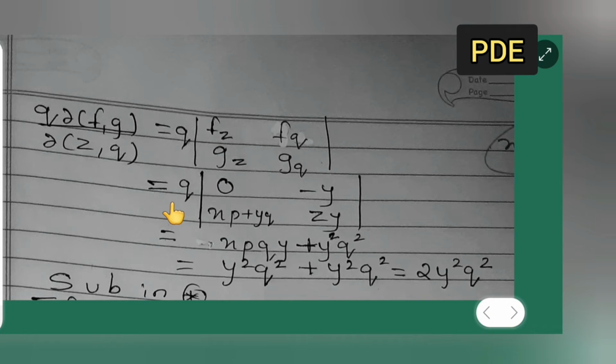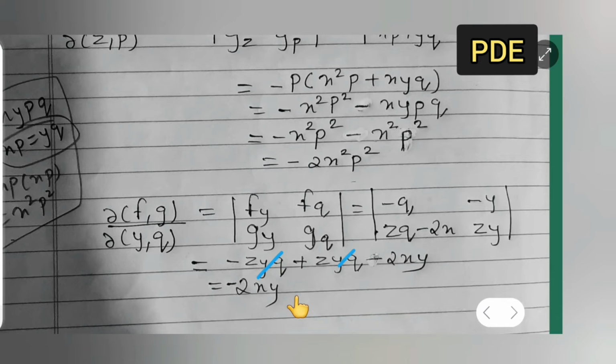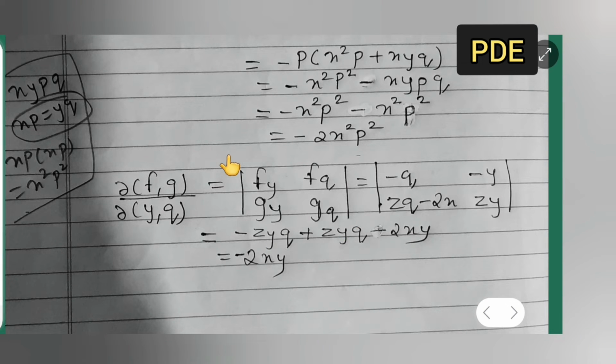Differentiate f with respect to z, you are going to get 0. Differentiate f with respect to q, you are going to get minus y over here. So that's what I have done over here.